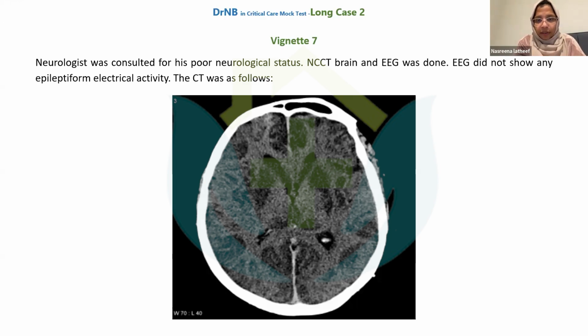CT scan is showing there is atrophy of the brain. But there is no evidence of any hemorrhage or ischemic stroke.